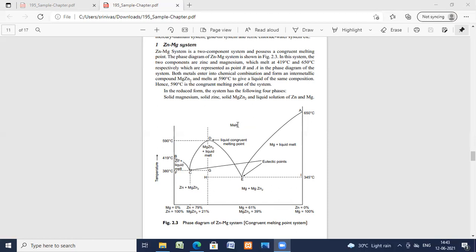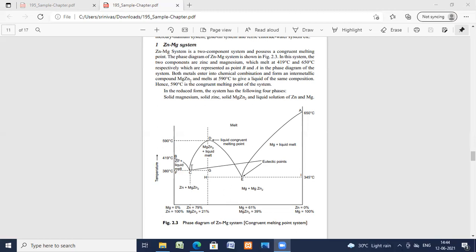This diagram consists of curves, areas, 2 eutectic points, C and E, and one congruent melting point, that is D. In this complete diagram, you can see we have curves and areas: solid magnesium, solid zinc, solid MgZn2, and the molten mixture of Mg and Zn.